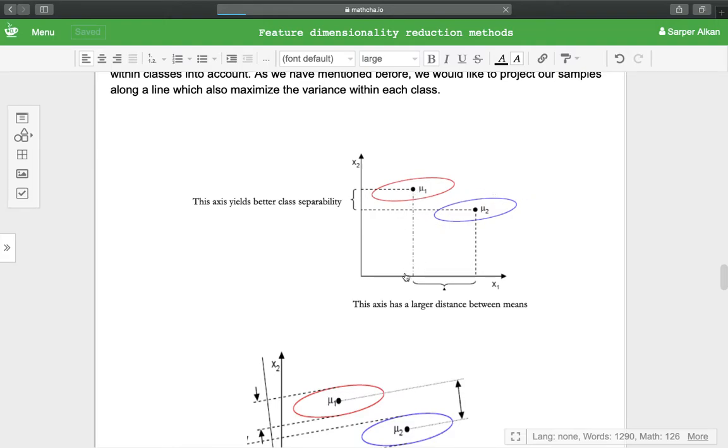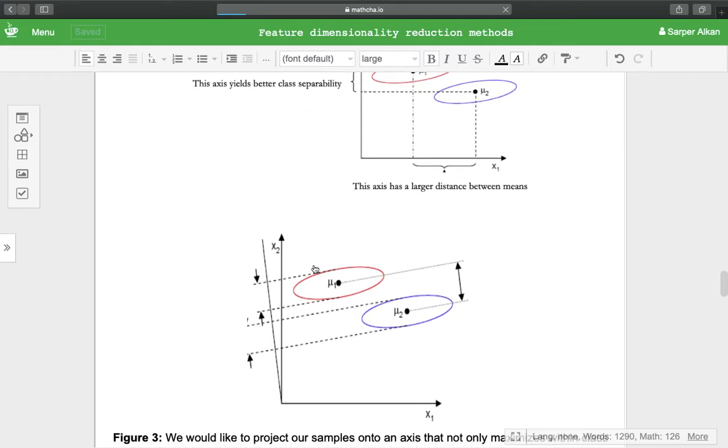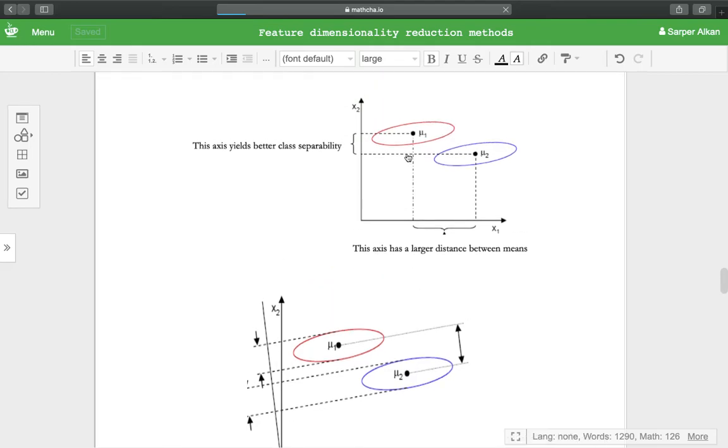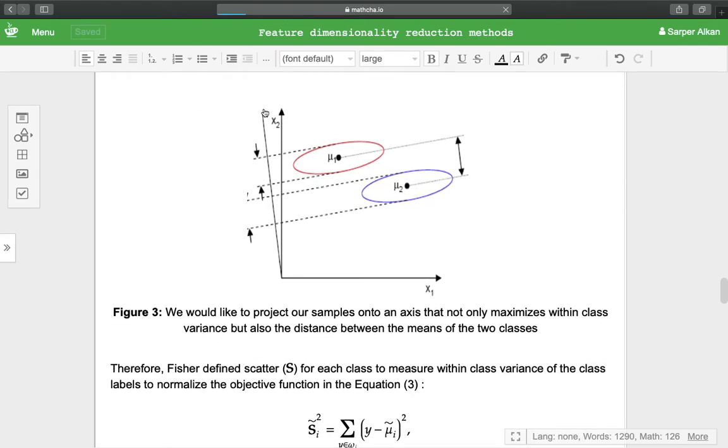However, this axis contributes to a larger distance between the means. So there's a better axis for projection than both of these x1 and x2 axes, which is this line. If we project all of the samples on this line, we can easily separate them here. Also, we can have the variance of the samples that is largest.